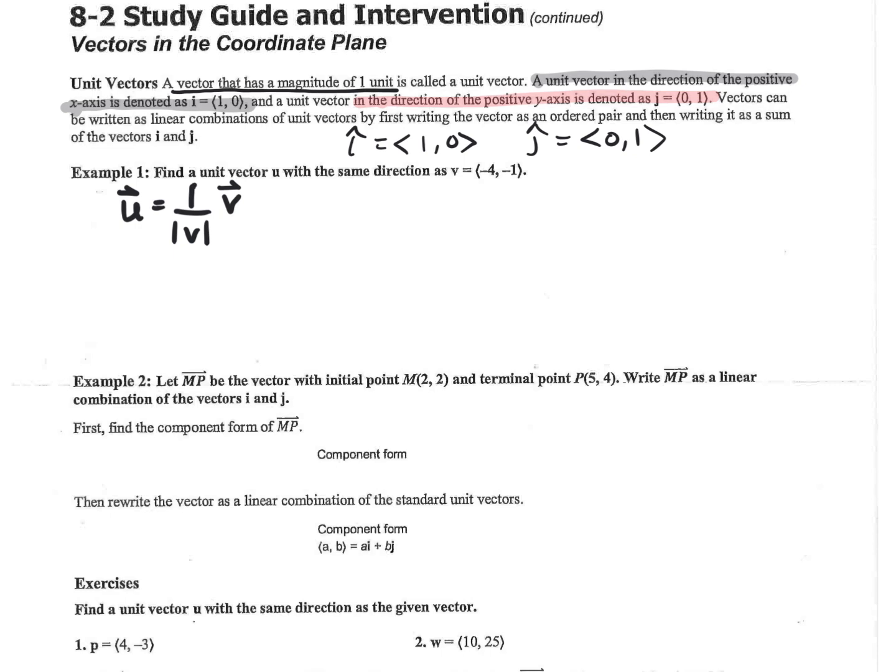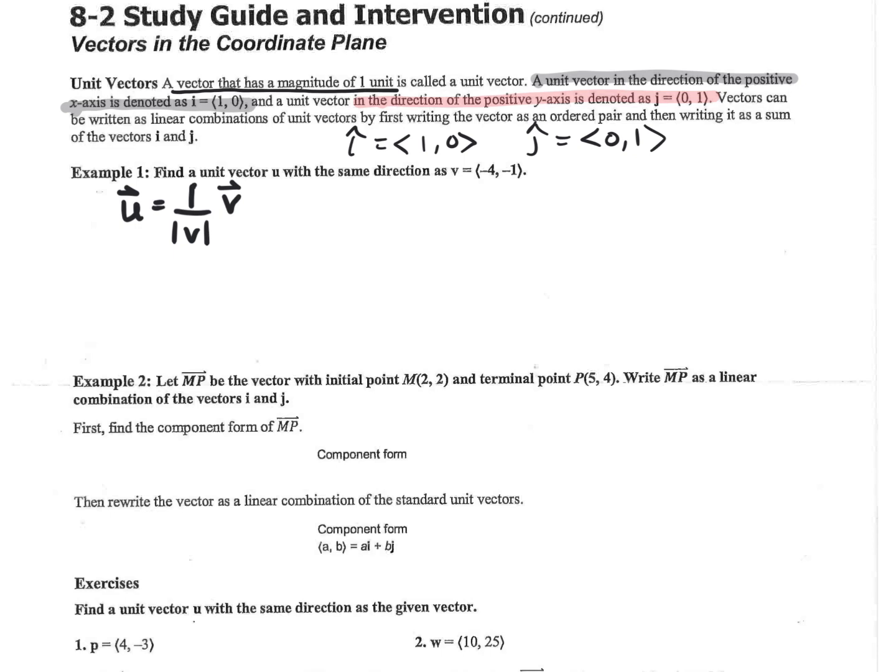So we're going to take the vector v and divide it by its magnitude. Something divided by itself is 1. So you get the general idea? Okay, so what we're saying is the magnitude will be 1.